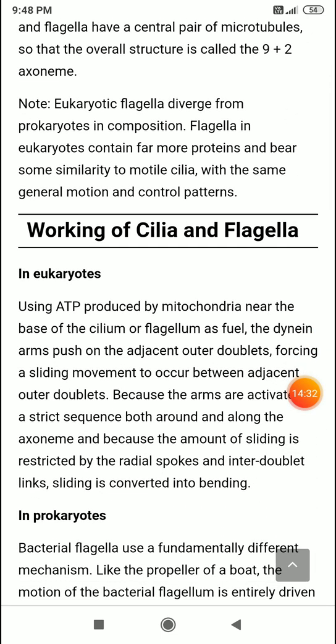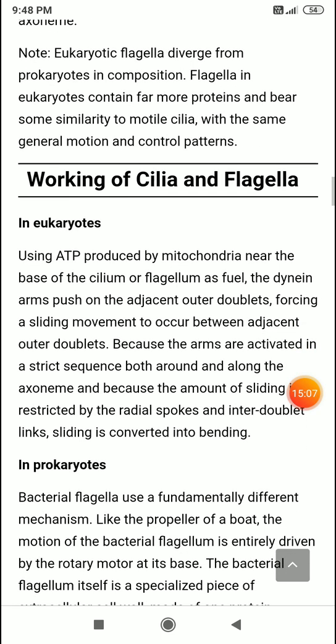Working of cilia and flagella. In eukaryotes, cilia and flagella work using ATP produced by mitochondria near the base of the cilium or flagellum as fuel. The dynein arms push on the adjacent outer doublets, forcing a sliding movement to occur between adjacent outer doublets.